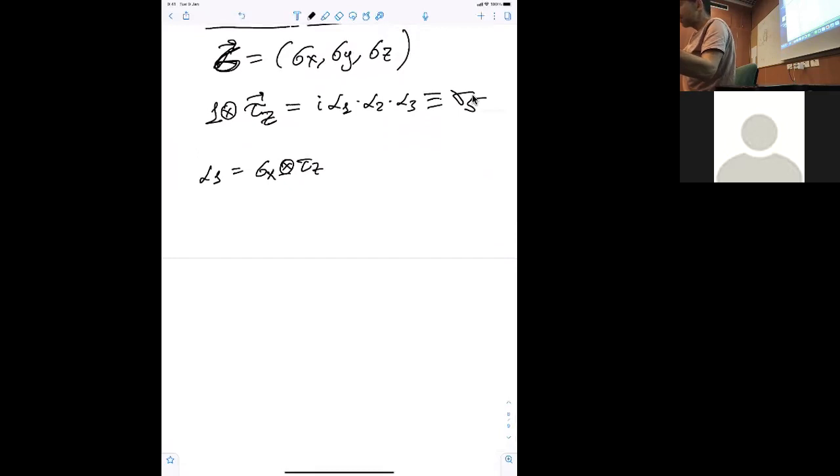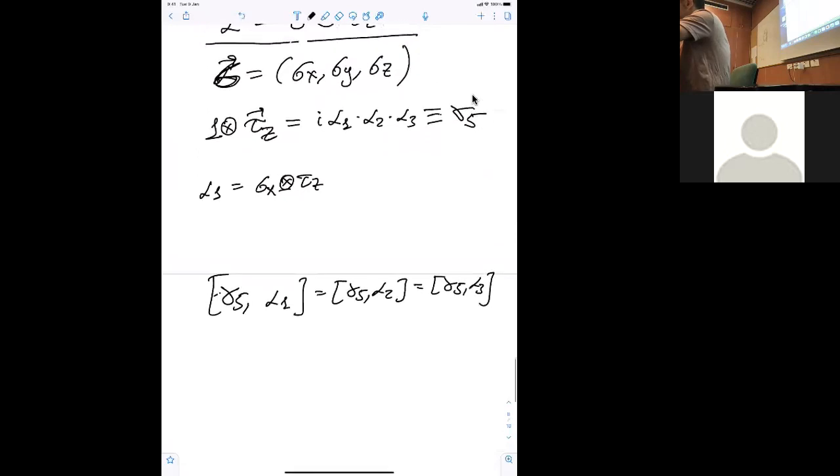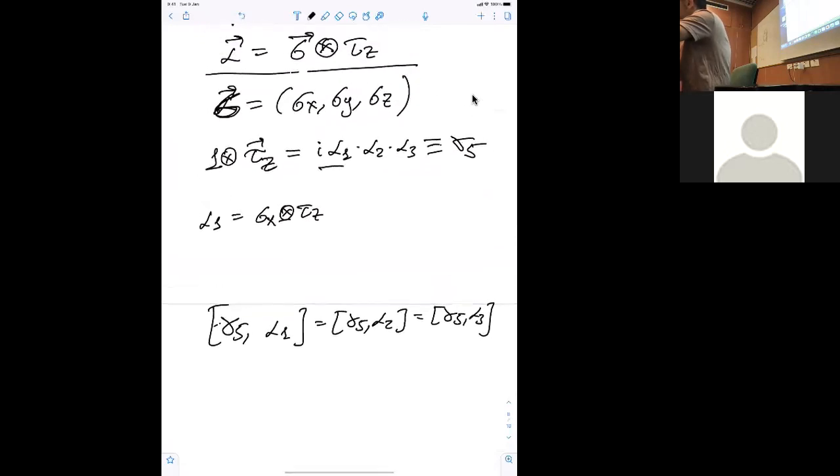This matrix gamma 5 actually commutes with all of the matrices alpha 1, alpha 2, and alpha 3, because gamma 5 is made of these matrices.